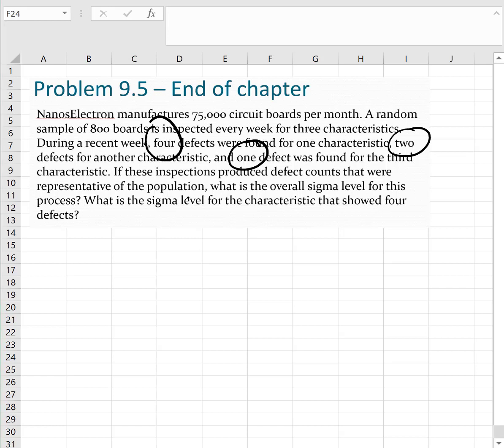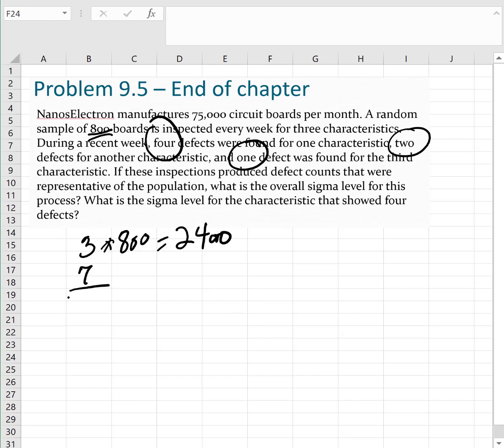So again, what we need to be careful of in this problem is that because 3 different quality characteristics are being monitored, even though we are sampling 800 units only, the opportunities are 3 times 800, or 2,400 opportunities for defect. In this case, we have 4 plus 1 is 5 plus 2 is 7.